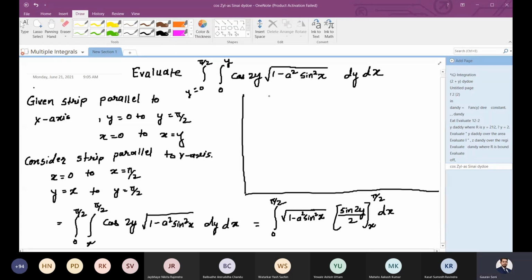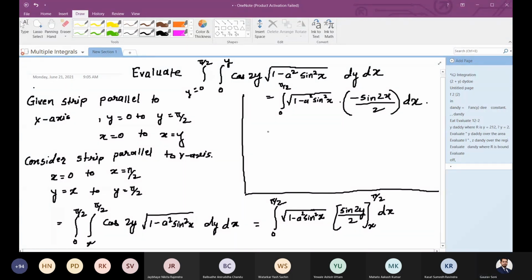So this will be equal to 0 to pi by 2 under root 1 minus a square sin square x. You put the upper limit sin pi, that is going to be 0. So at upper limit it is 0, and at the lower limit what we get is minus sin 2x divided by 2.